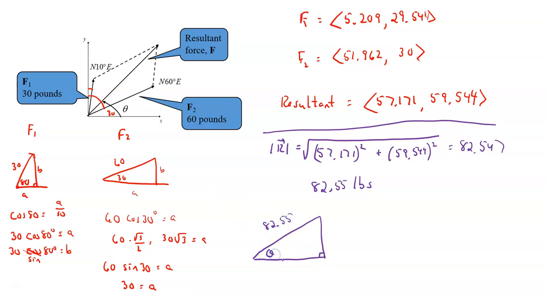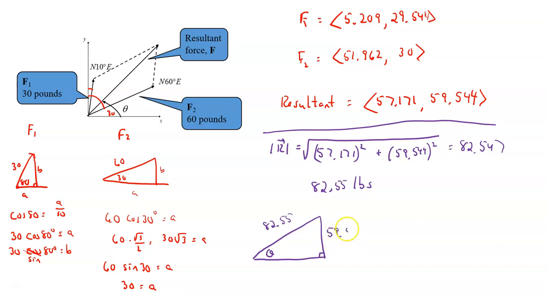This is the angle that it makes with the positive x-axis. And what else do I know? Well, I can fill in one of two things, or both really. The resultant is a combination of moving over and up. So if I just have the resultant and a theta that I'm looking for, I don't have enough information to solve the problem. So let's fill in one of the sides here with information we know.